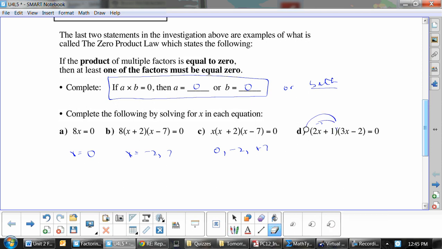We want to make the inside of that 1 equal 0. One half, negative 1/2 would work. And 2/3.